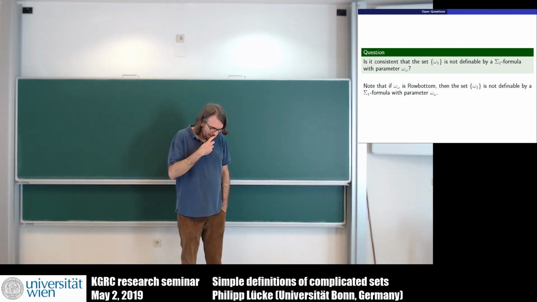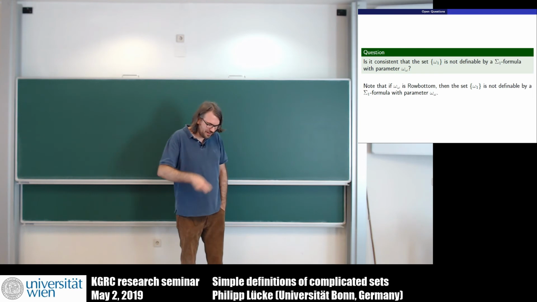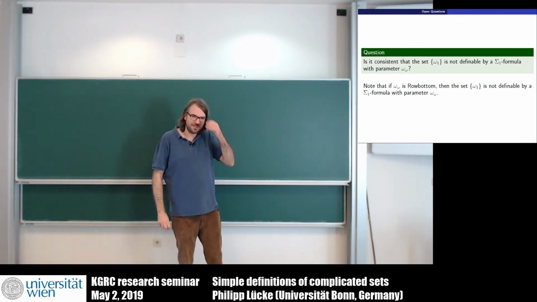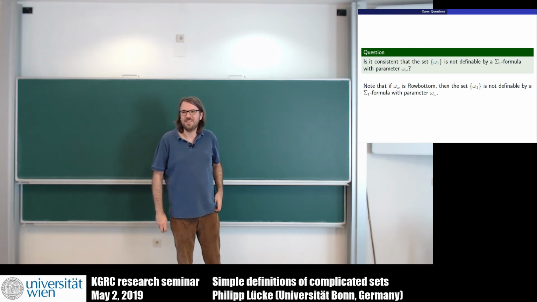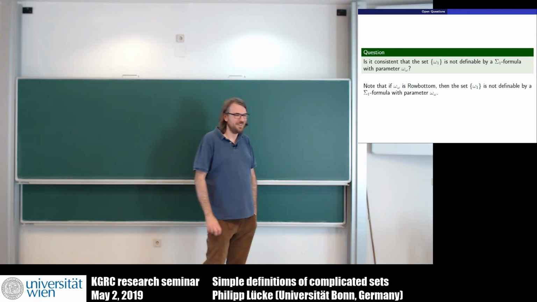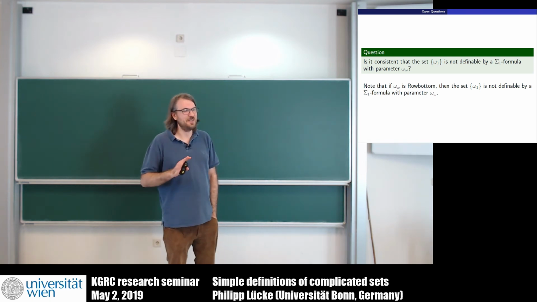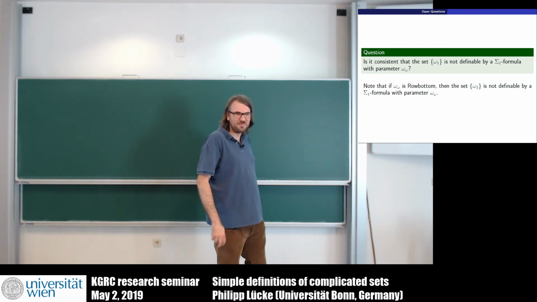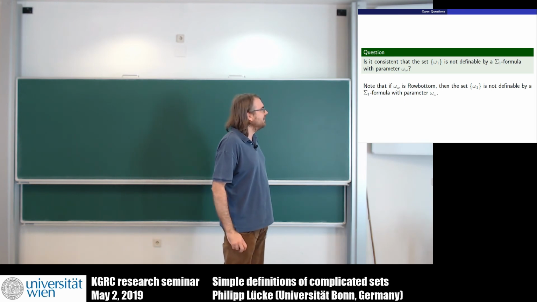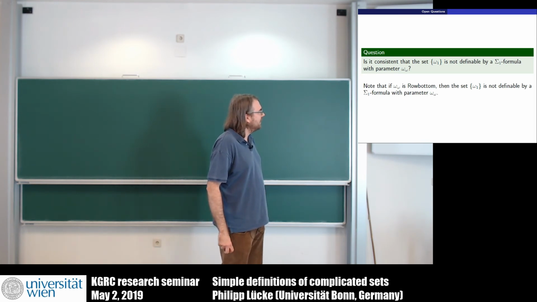But this is because I tried to prove something, and then I realized that if this proof would work, I would show that omega omega can be rho bottom. So the proof was too easy to show. I think this is an interesting question.